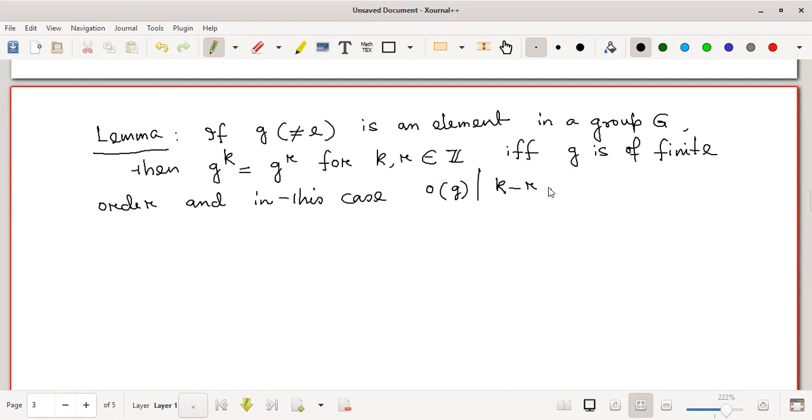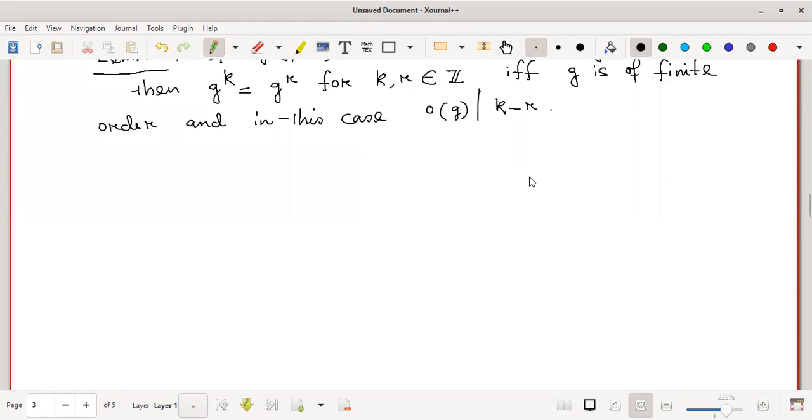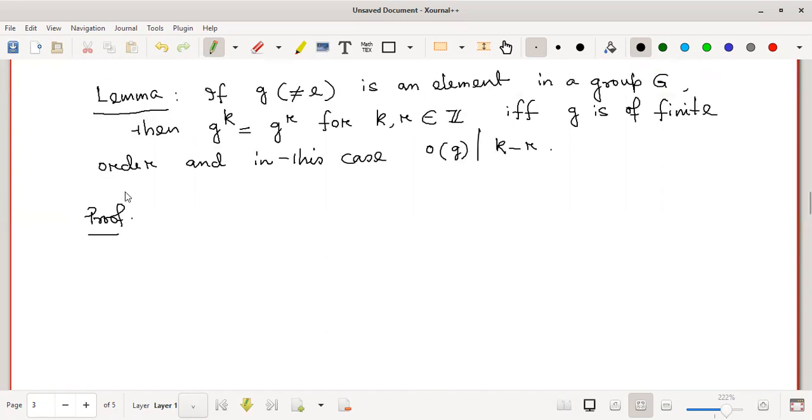Okay, fine. Let us prove. Proof. Remember, this is a both-way traffic. You have to prove that if g to the power k equals g to the power r for any two integers k and r, then g is of finite order and the order of g divides k minus r.